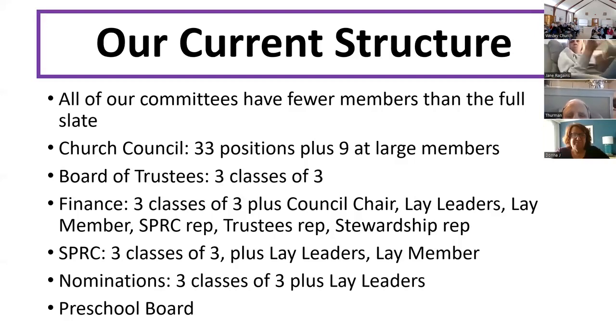So that outlines our current structure, and all of the things except preschool board would then flow together into this group of 9 if we decided to go down this road. And I think what's interesting to me about this structure is that this is probably the traditional structure that's been going on for a very long period of time.